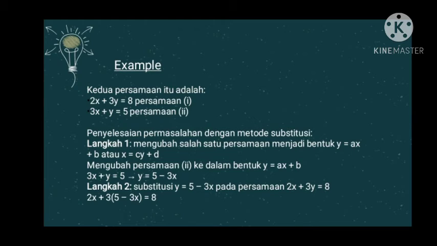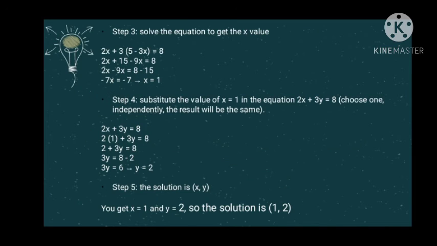Step 2: substitute y equals 5 minus 3x into equation 1, 2x plus 3y equals 8, which becomes 2x plus 3 times (5 minus 3x) equals 8.